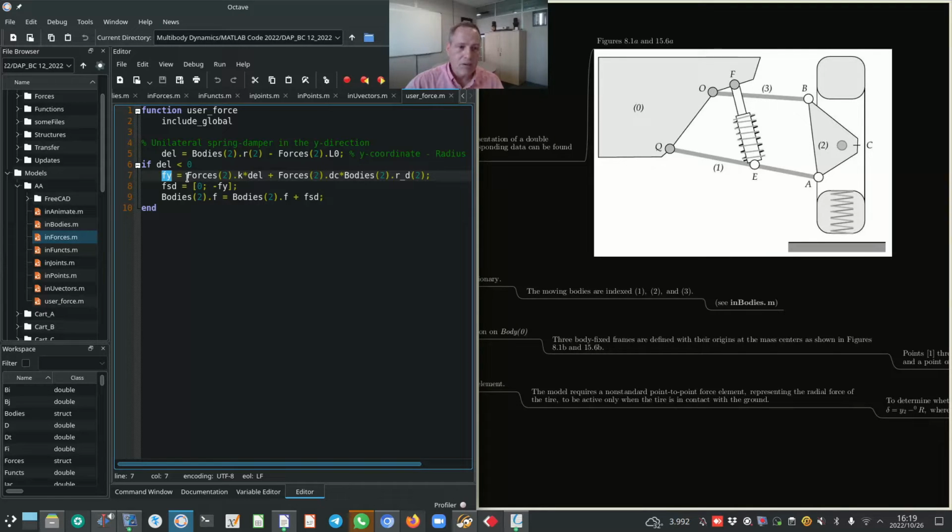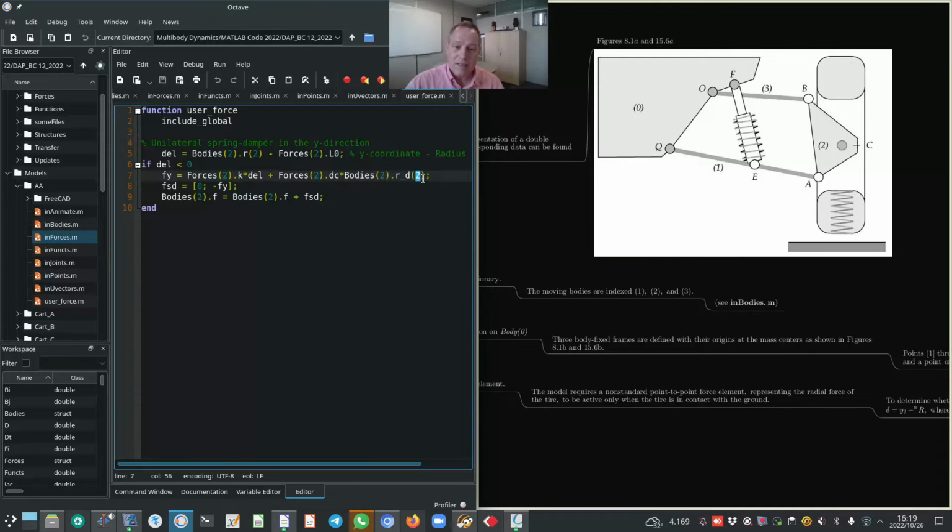Okay, and there will be a stiffness component associated with the stiffness that we've passed to user_force multiplied by delta, plus there will be a damping term. So it's the damping coefficient that we've passed to user_force multiplied by the velocity of body 2, the y component of the velocity.